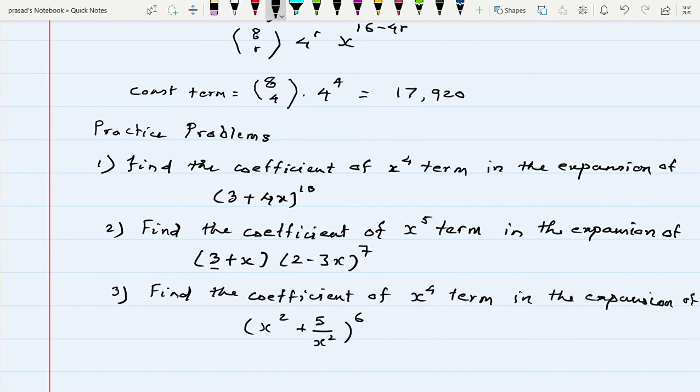So again here a and b both have x, so you don't know which term is the x to power 4 term. So use the T r plus 1 formula, simplify, get the total power of x and equate it to 4. Okay, so just try out these problems.